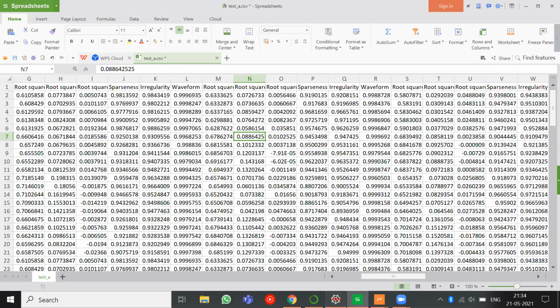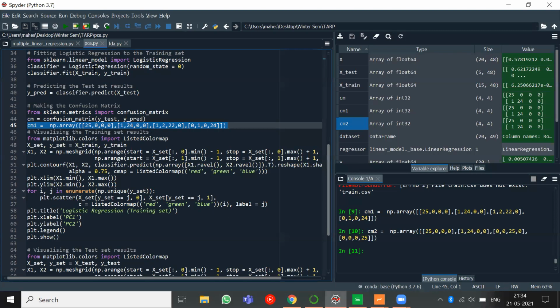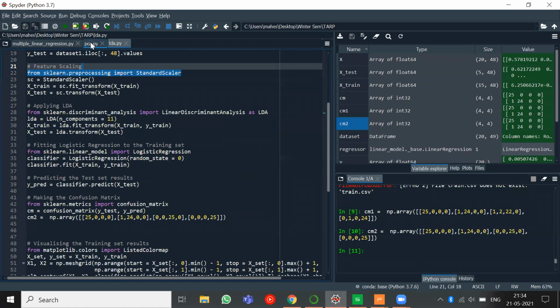The difference between PCA and LDA is that LDA is generally more accurate because it maximizes the difference between the features, reduces the dimensionality, and searches for the maximum difference between the features extracted.